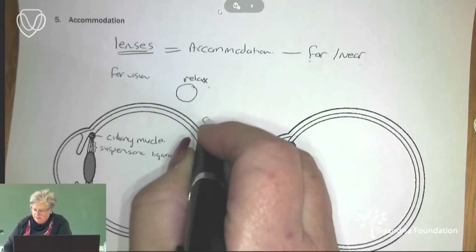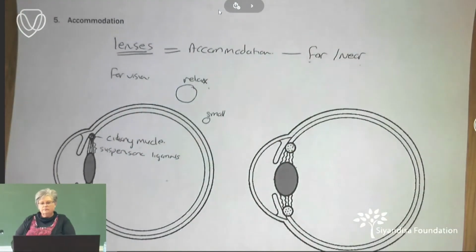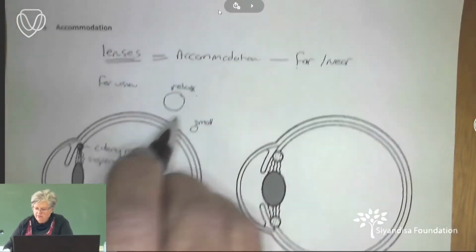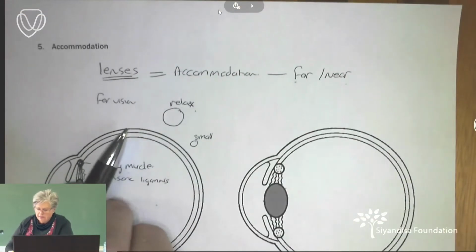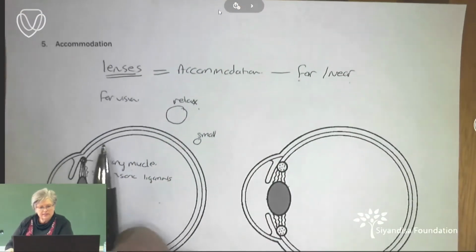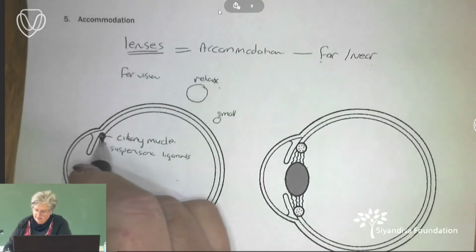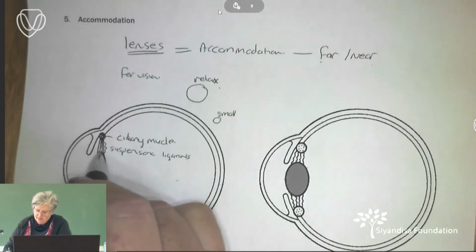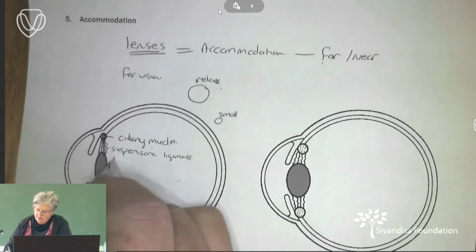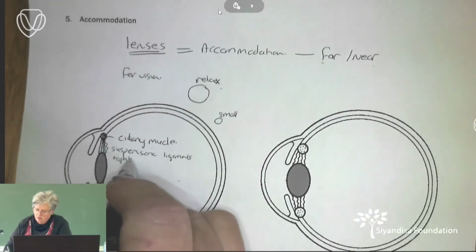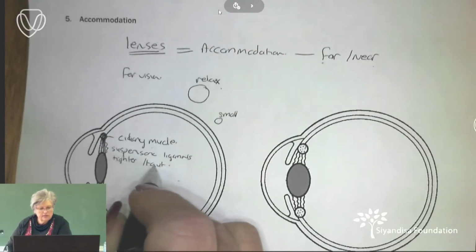When it constricts, it is small. So if it's relaxed, it is big. And when this circular muscle is big, then the ligaments are stretched. So the ligaments become tighter, or we say they are taut.